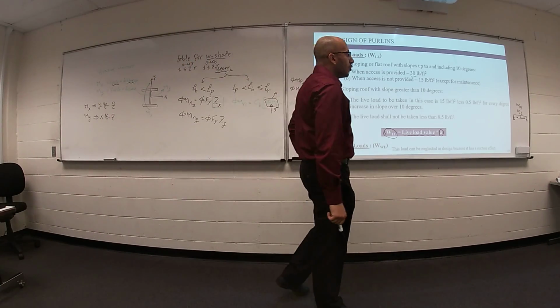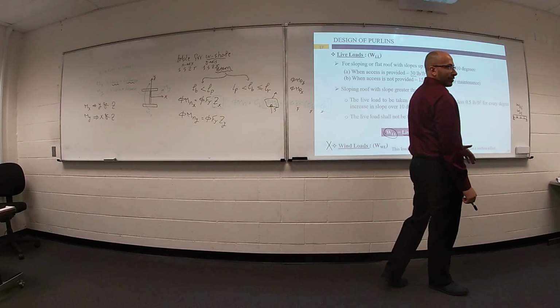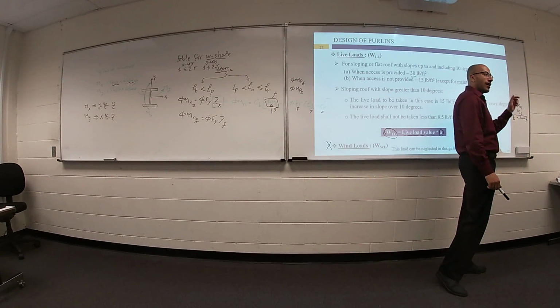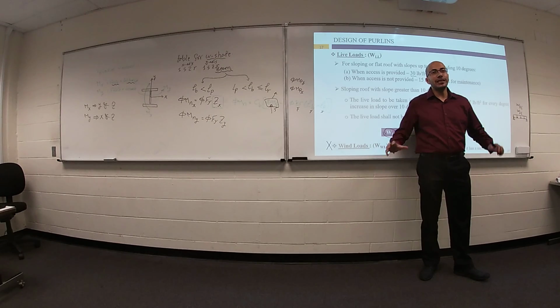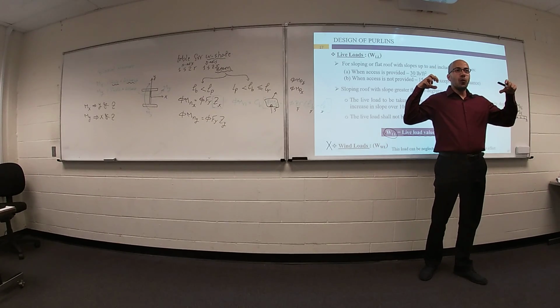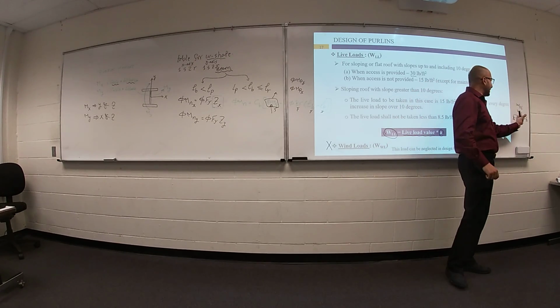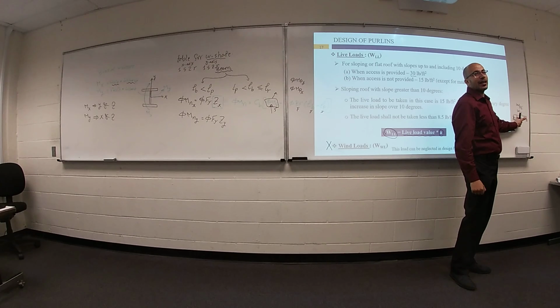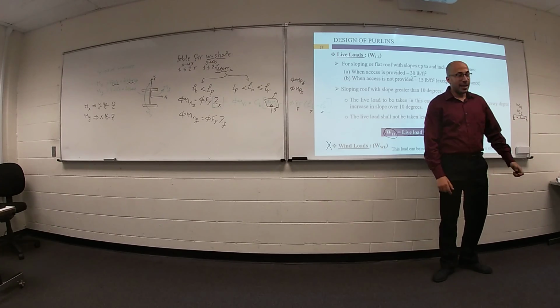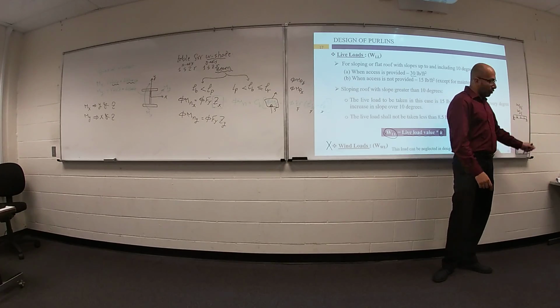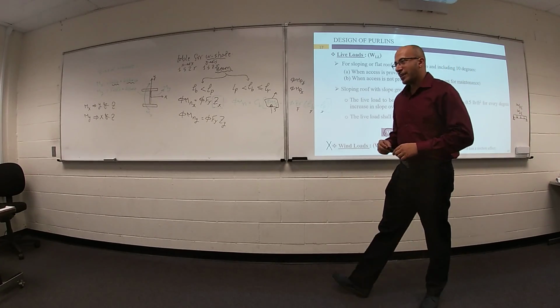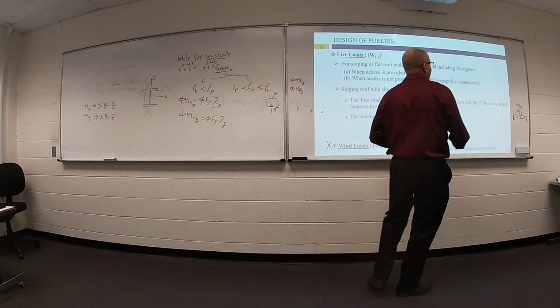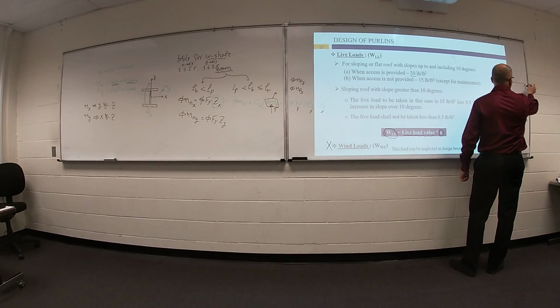Your dead load is coming down, your live load is coming down, your wind load is suction. It will decrease the effect of dead load and live load. So finally, if you take wind load and live load and dead load at the same time, your final distributed load on your purlin will be very, very small.